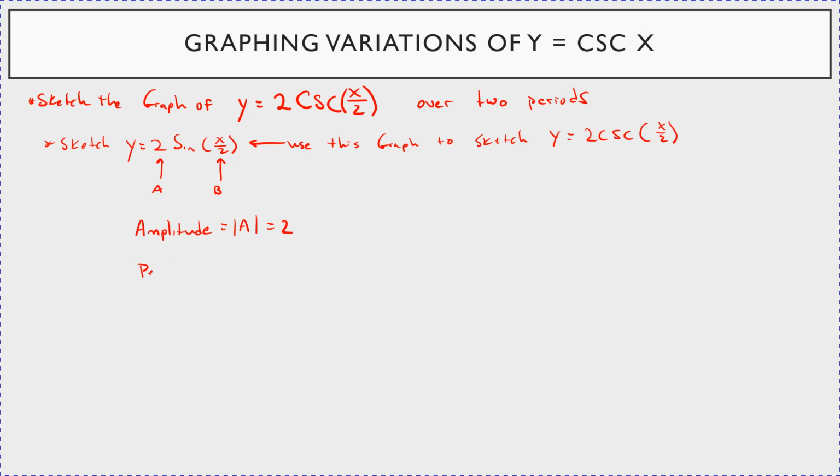The period is equal to 2 pi over b. So that's 2 pi over 1/2. Keep, change, flip, that gets me 4 pi. Then you find the quarter periods, which is just 4 pi divided by 4, which is just pi. And here there's no phase shift, okay?